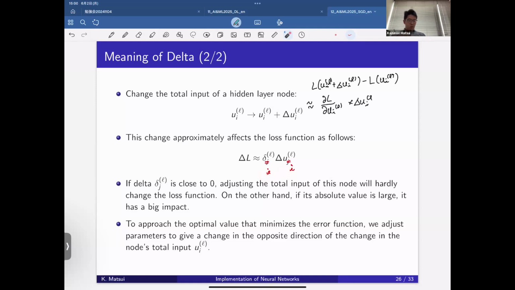So if the absolute value of small delta is large, it means the influence is large. We can say that to approach the optimal value that minimizes the error function, we are adjusting parameters to give changes in the opposite direction to the change in the node's total input.